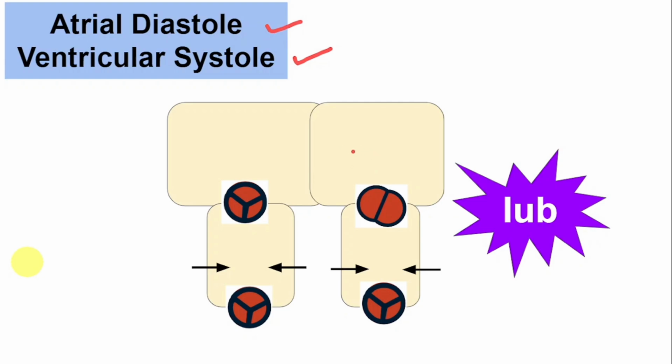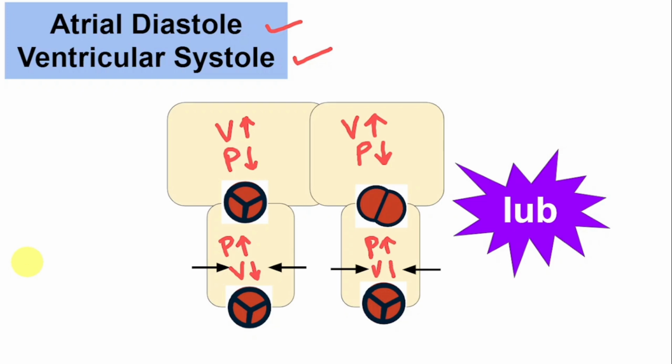Increase in volume will cause decrease in pressure. So here volume increases due to diastole and pressure decreases. Simultaneously, because of ventricular systole, pressure increases and volume decreases.